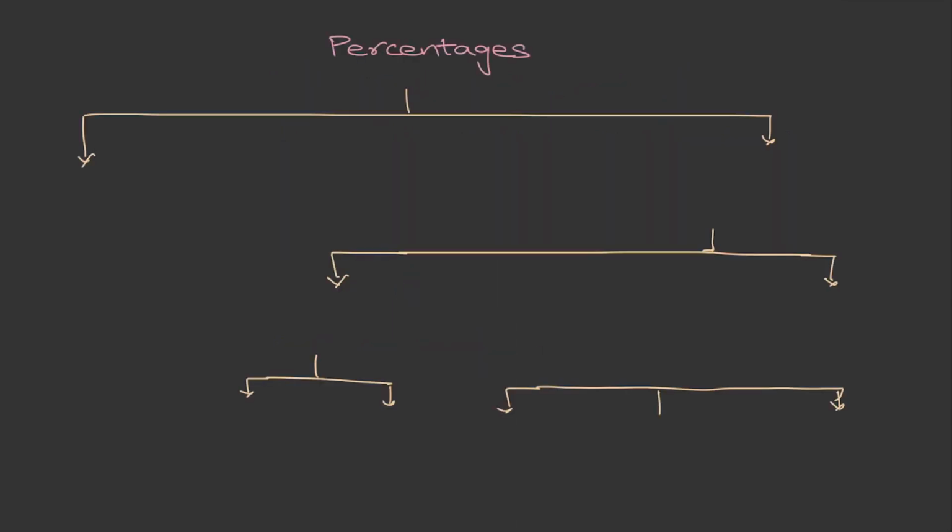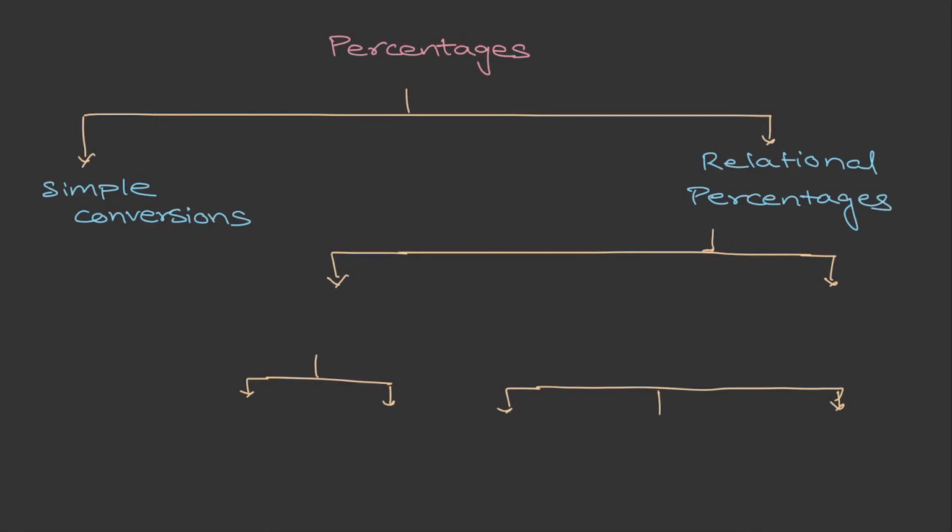Now let's see how percentages can be categorized. Percentages can mainly be categorized into two types: simple conversions and relational percentages. Coming to relational percentages, there can be direct formula questions or conceptual formula questions. Conceptual formula questions are nothing but converting theory into formula.